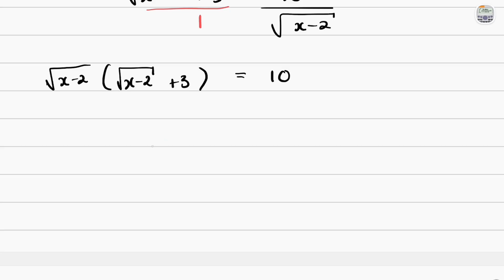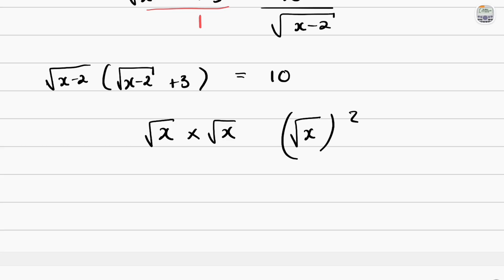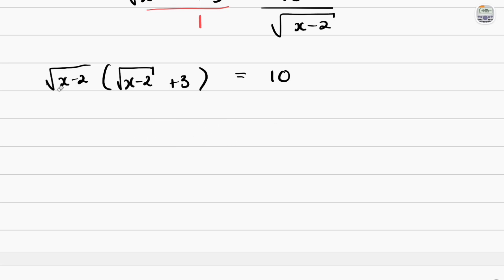Now, you see, if you had, for example, the square root of x multiplied by the square root of x, because they're the exact same thing, they could be represented as the square root of x all squared, okay? Because you just multiply the same thing by itself. And so that radical will break open because of this. And so that's really what happens here, okay? They multiply, they become the square root of x minus 2 all squared, and that breaks open, and it's now x minus 2 that we have there.